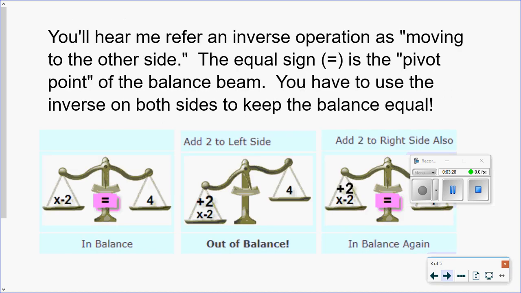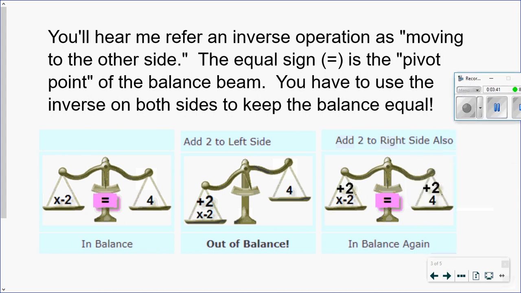Now, you're going to hear me refer to an inverse operation as moving things to the other side. Again, thinking of the equal sign as the pivot point on a balance beam, you have to use inverse operations to keep the balance equal. So if you look at the diagram here, you're going to see that we have a -2. The opposite of subtracting 2 is adding 2.